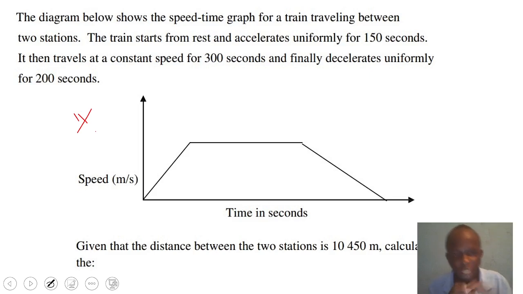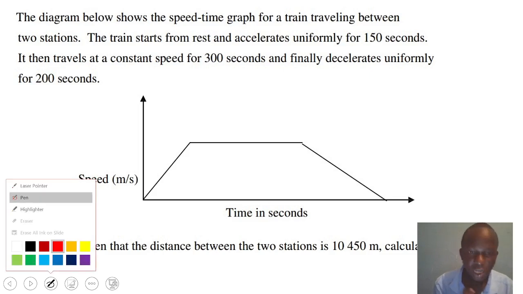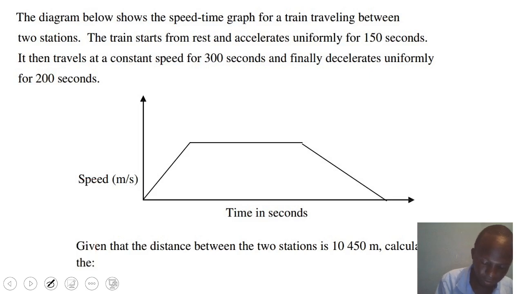So let us just use whatever we are provided. Let us know the kind of motion that has taken place, step by step.